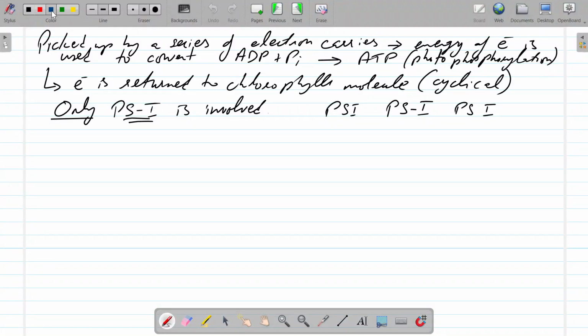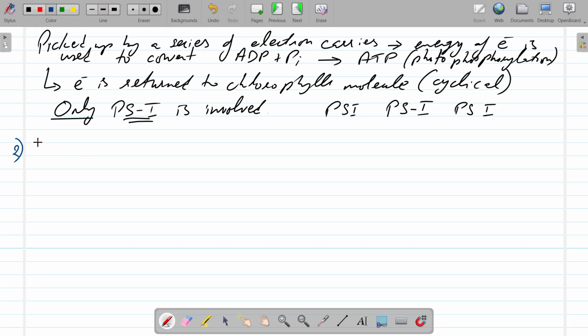Then we have the other process occurring, which, if you would guess how these things are named, if one is cyclical, then what would the other one be? Any ideas? No, sir. Oh, come on.